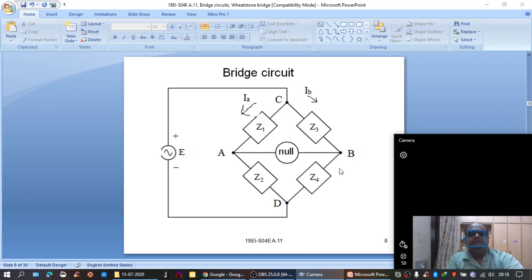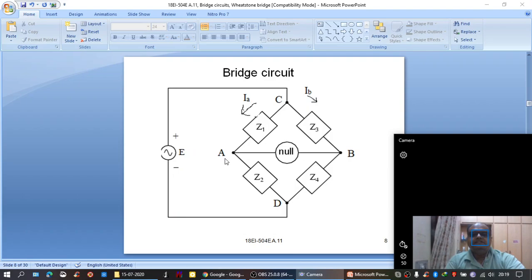Here, when terminals A and B are open, that means when nothing is placed here, Z1, Z2 is simply a potential divider with a voltage of E applied across terminals C and D. So the resulting current IA is nothing but E by Z1 plus Z2. Similarly, the resulting current IB is nothing but the supply voltage E by Z3 plus Z4.